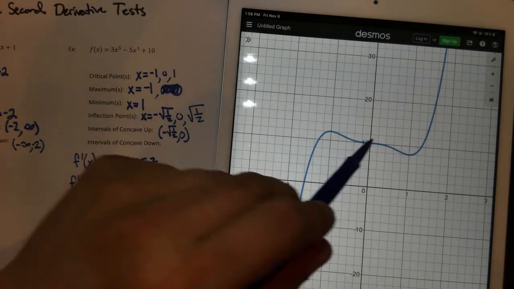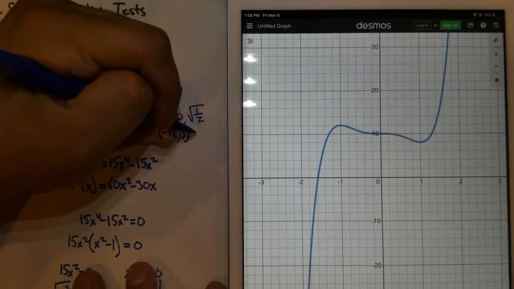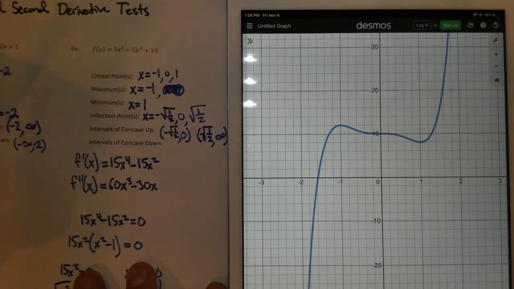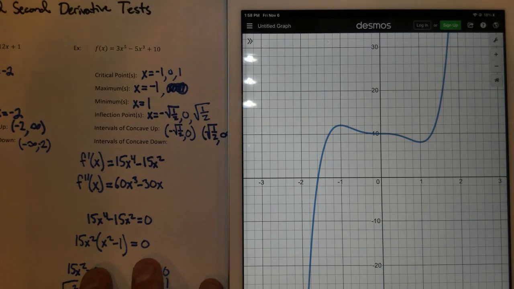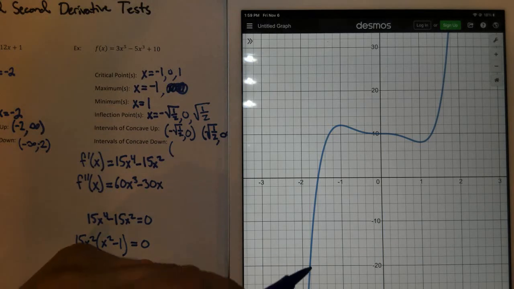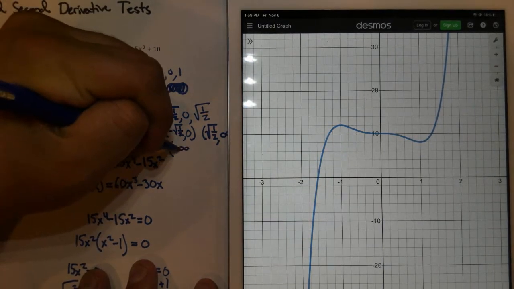And then it's also concave up from the square root of 1/2 to infinity. And then intervals of concave down, let's see, it's concave down from negative infinity to negative square root of 1/2.